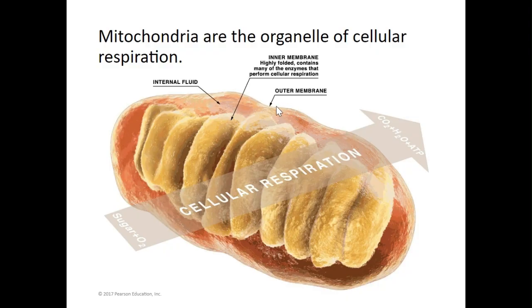Now, mitochondria have both an outer membrane and an internal membrane, just like the chloroplasts do. And they use sugar and oxygen that's been breathed in and are able to convert that into carbon dioxide, water, and energy, ATP. So, interestingly, that is the equation that is opposite of photosynthesis.